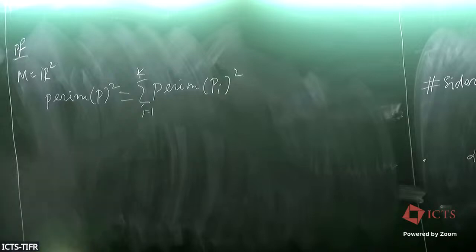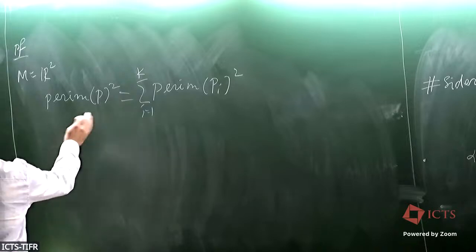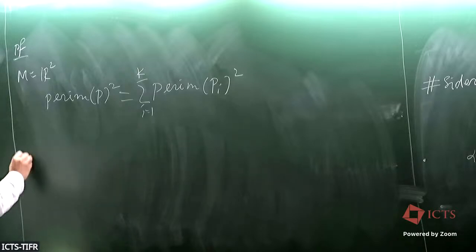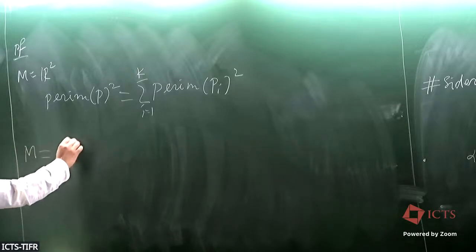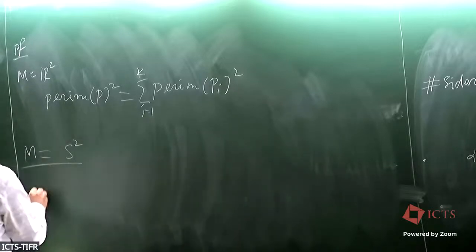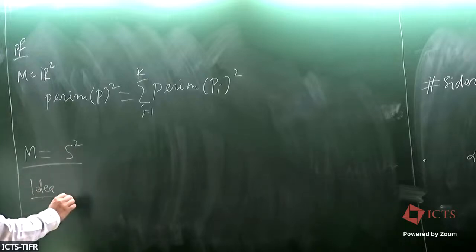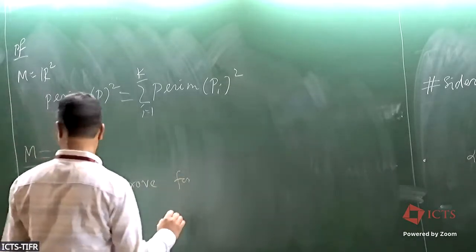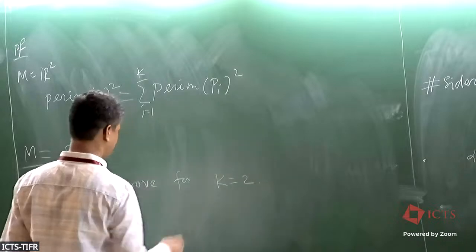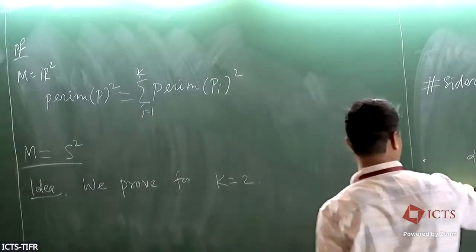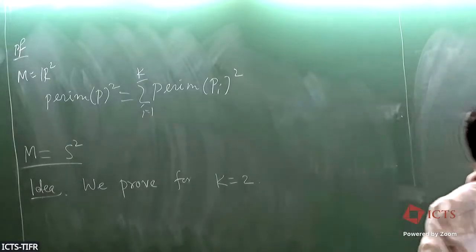So for general k, we have this equality, and from this equality, the inequality follows. And for M equal to sphere, the strategy is to prove it for k equal to 2, and then by repeated application of the initial case for k equal to 2, we get the general case.